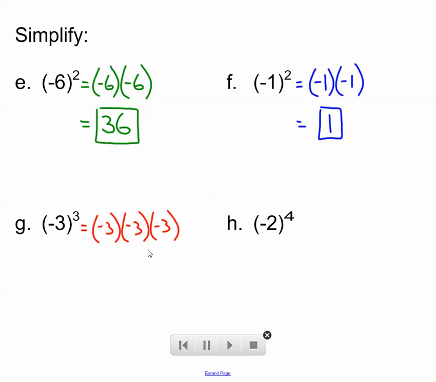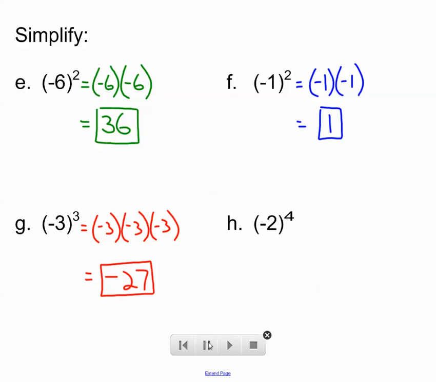Think of this as 9 right here. -3 times -3 is +9. Then you're doing +9 times a -3. You've got a positive times a negative. So anytime you have an odd exponent and your base is negative, you're going to find that the answer comes out negative. So this is -27.